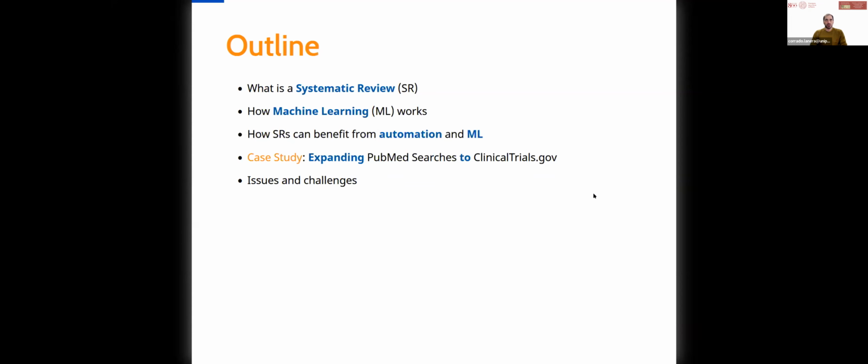We are going to talk about a slight introduction to systematic review, and next we touch how machine learning works to understand what are the bricks of our topic, and next we are going to see how systematic reviews can benefit from machine learning and automation in general. After that, I would like to show a simple case study we did and conclude with issues and challenges.